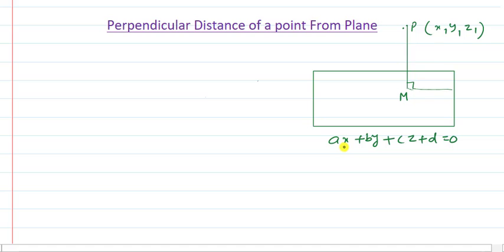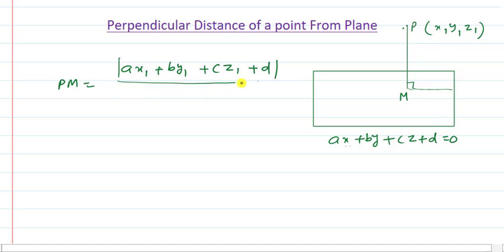So simply you need to replace these x, y, z with the help of coordinate of point P first. So we'll write PM is equal to modulus of ax1 plus by1 plus cz1 plus d, upon square root of a square plus b square plus c square.